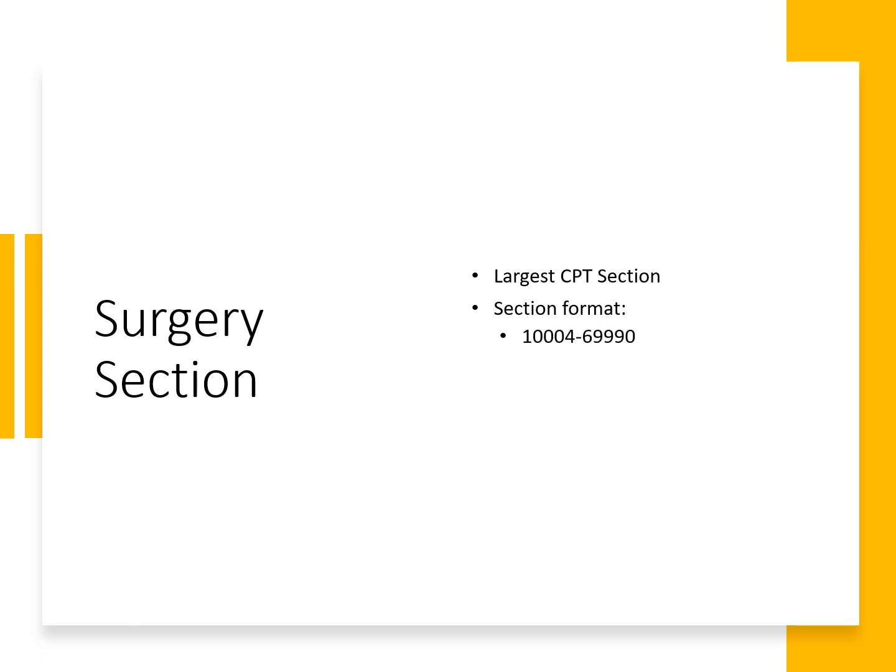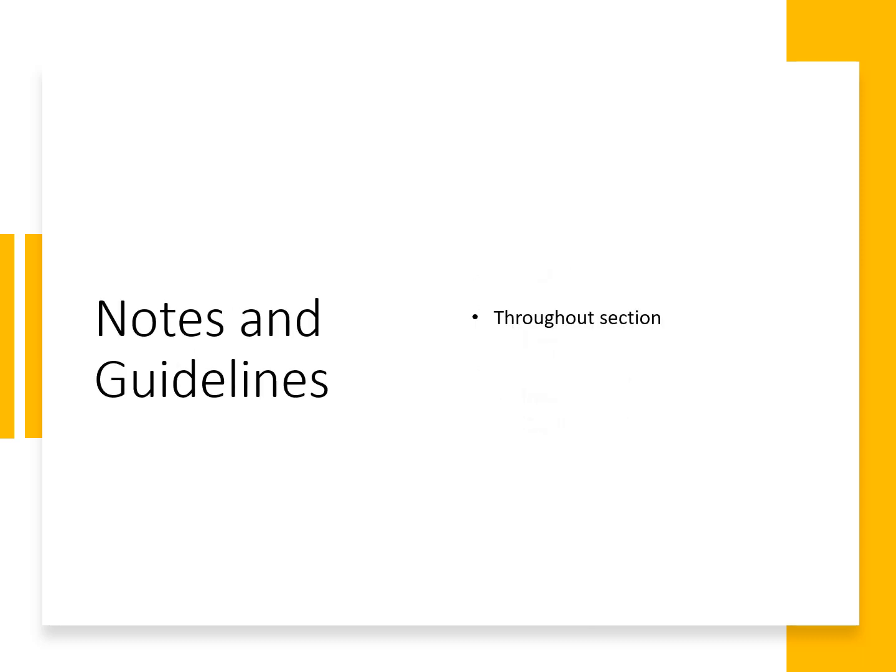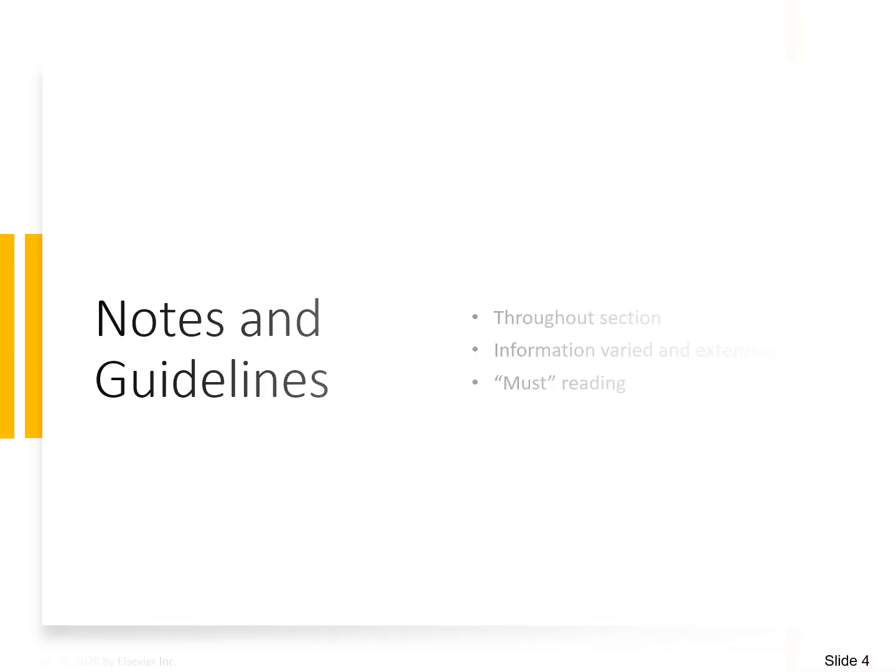The format, the codes start with 1 and end with 6, and they're divided by subspecialty, for example, integumentary. There's a lot of notes and guidelines throughout the whole surgery section of the CPT, and the information is varied and extensive. It's something that we must read.